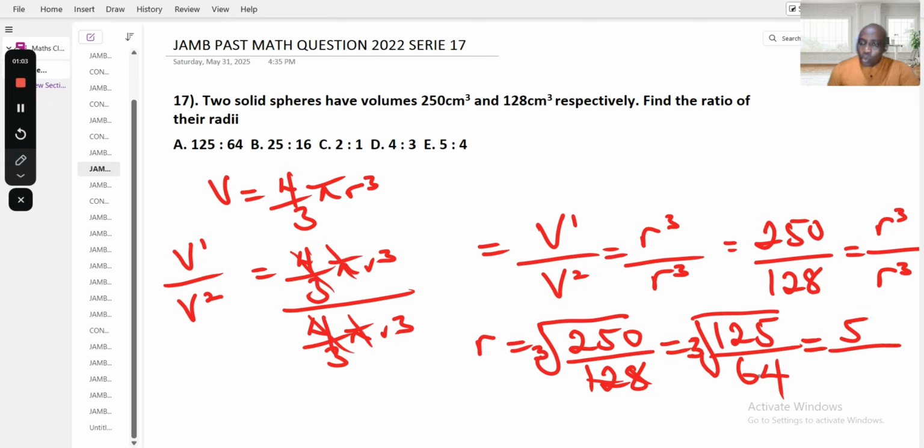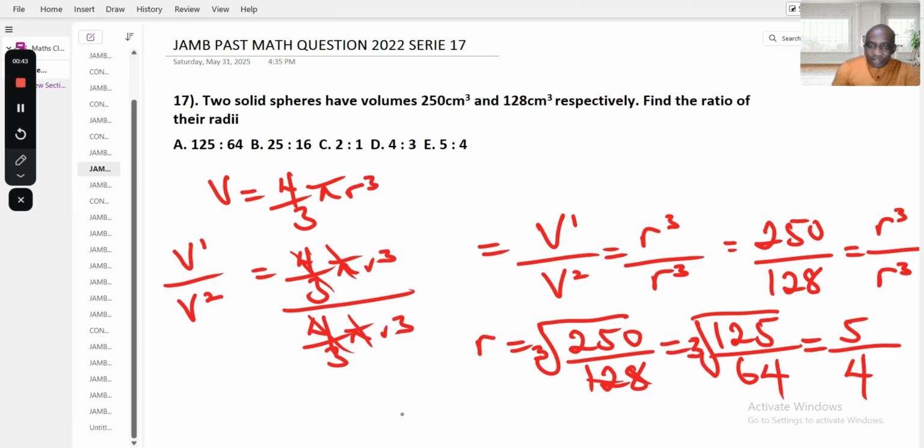5. What is the cube root of 64? It is 4. 4 times 4, the same digit multiplied 3 times, gives you 64. 4 times 4 is 16. 16 times 4 gives us 64. Therefore, the answer is 4.